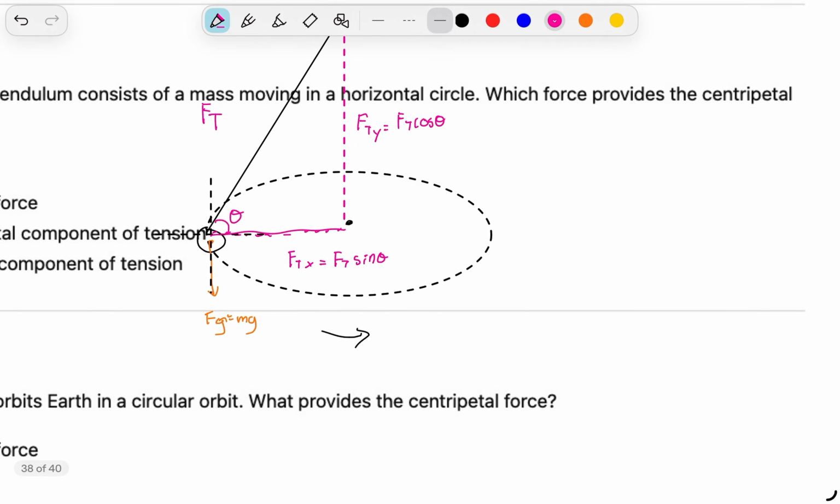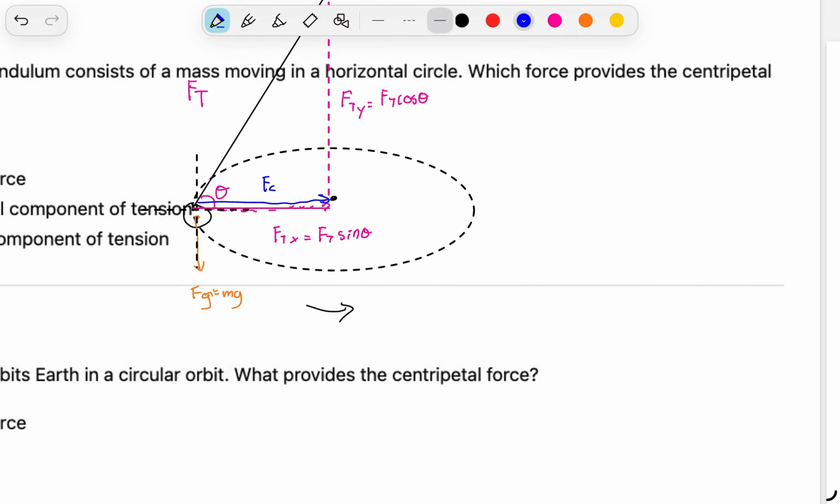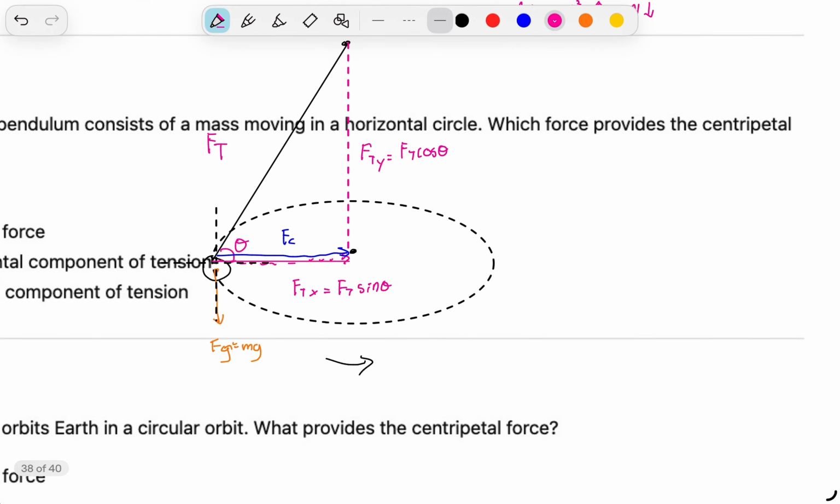You can actually see here, you can label your Fc, because your Fc is always going to be pointing to the center of your circle. So that points towards your center. Your Fty is going to balance the weight because it's acting up.